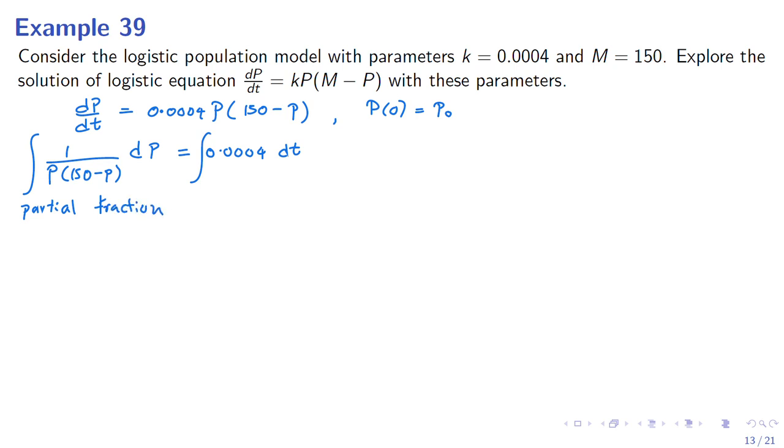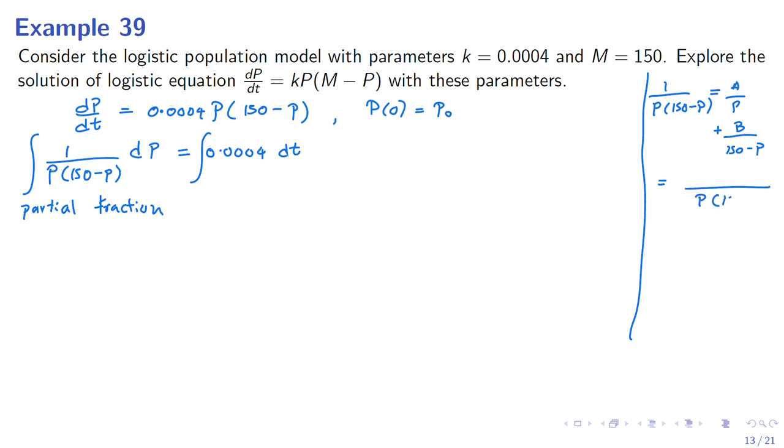Okay, I'll do the partial fraction here. So 1 over P times (150 minus P), which I can write as A over P plus B over (150 minus P), and the right hand side I can write over P times (150 minus P) by taking a common denominator.